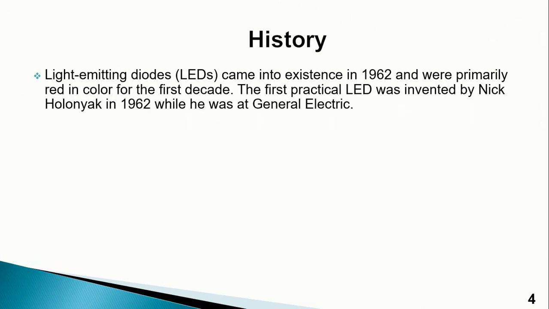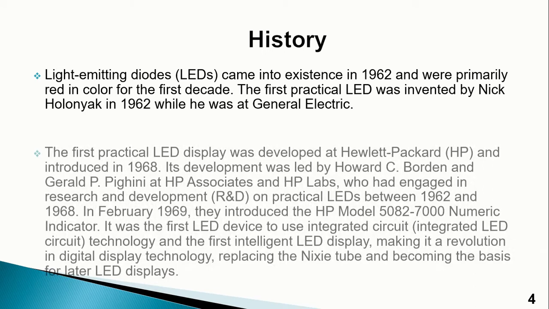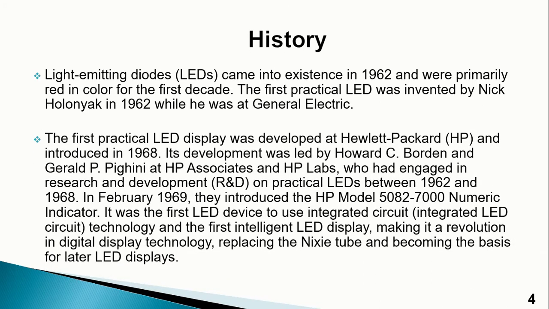Now, we will be talking about history. Light-emitting diodes came into existence in 1962 and were primarily red in color for the first decade. The first practical LED was invented by Nick Holonyak in 1962 while he was at General Electric.